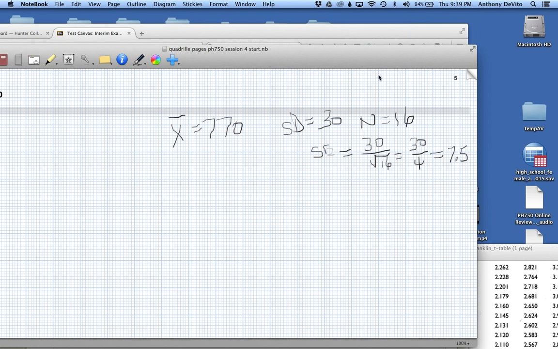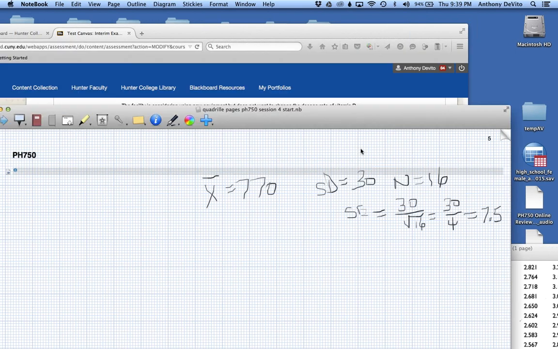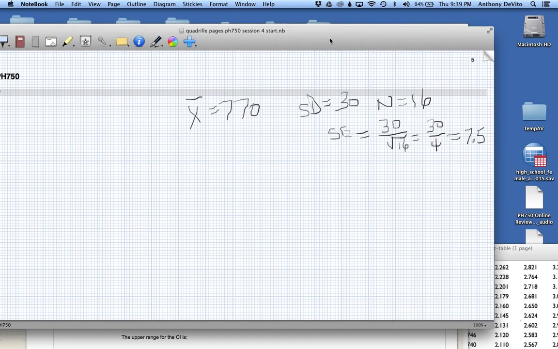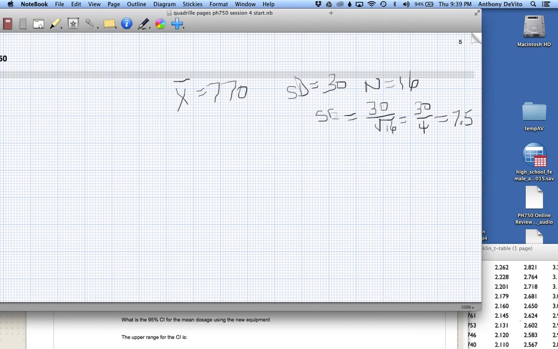I think I got that right. Okay, so let's go back here. So now I want to calculate my confidence interval. My confidence interval is going to be equal to X bar plus or minus.